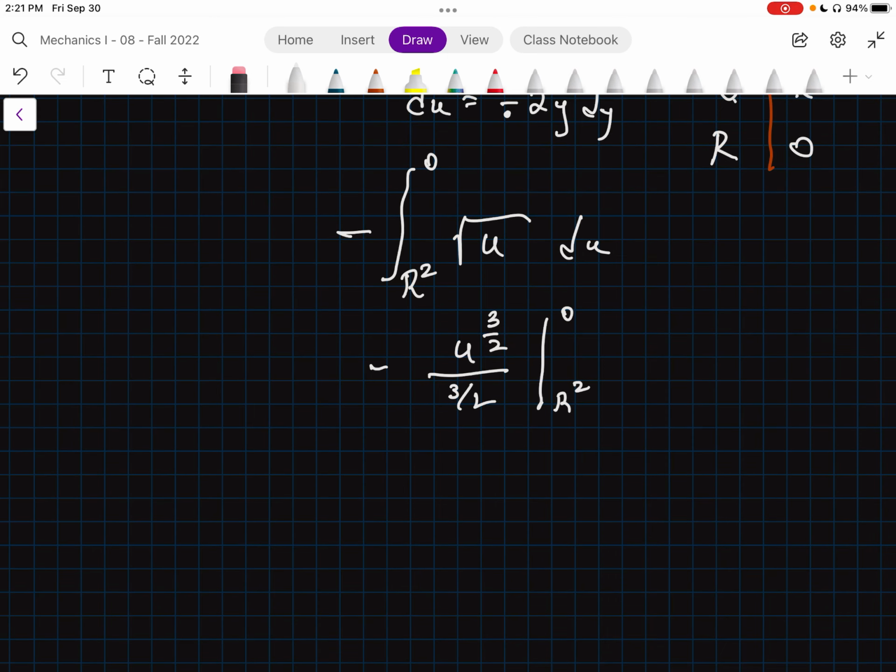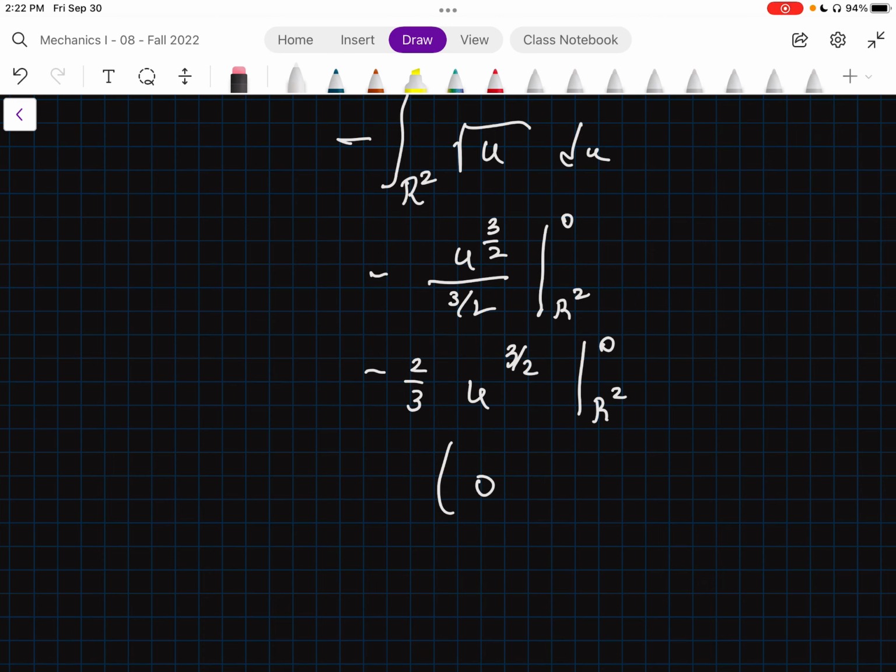Okay, so my 3/2 flips over, so I get negative 2/3 u to the 3/2 between r squared and 0. So let's evaluate that now. When I plug in 0, I just get 0. When I plug in r squared for u, then I have r squared raised to the 3/2.